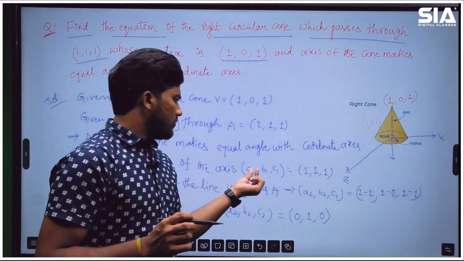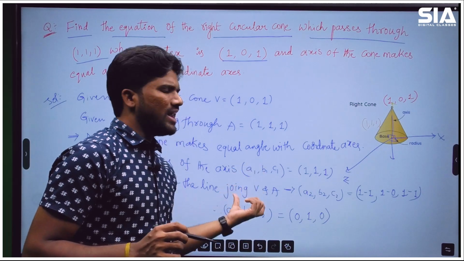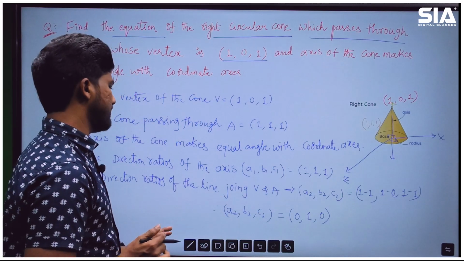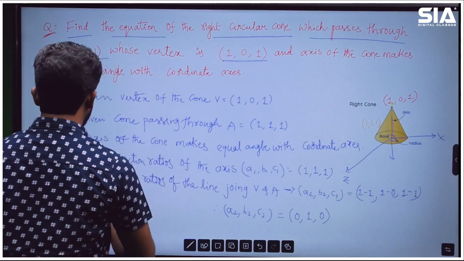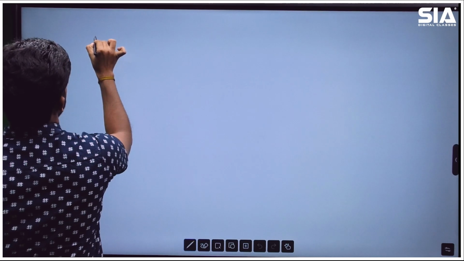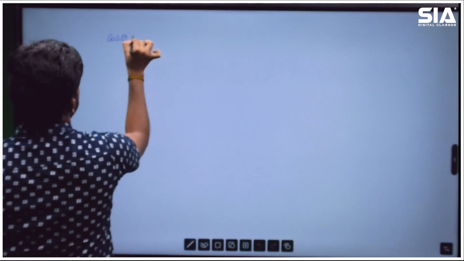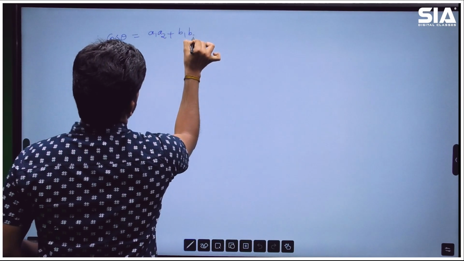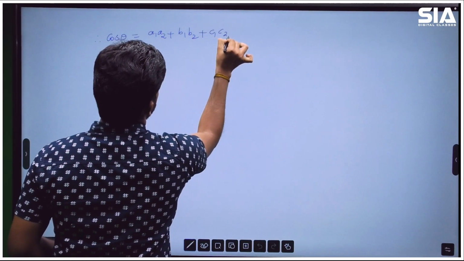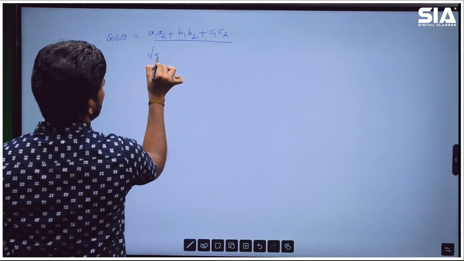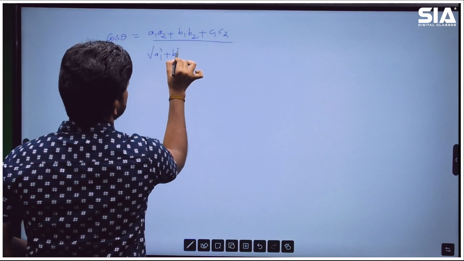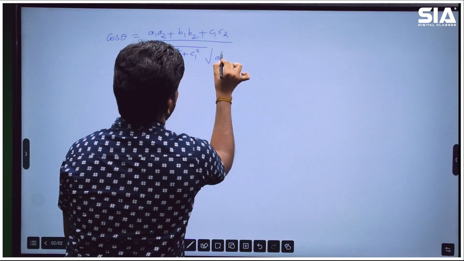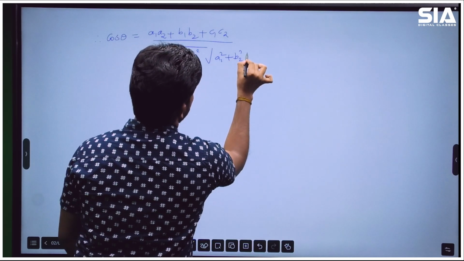Whenever we know the direction ratios of two lines, what is the formula for cos theta, the angle between them? The formula is cos theta = (a1 a2 + b1 b2 + c1 c2) / (under root of a1 square + b1 square + c1 square) times (under root of a2 square + b2 square + c2 square).